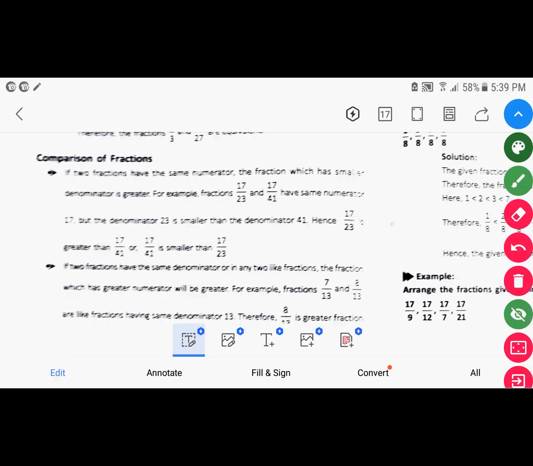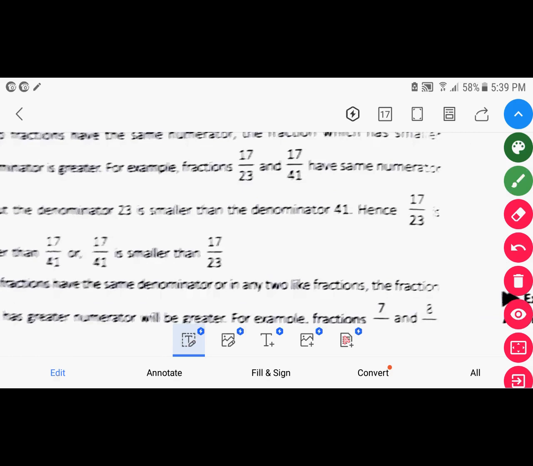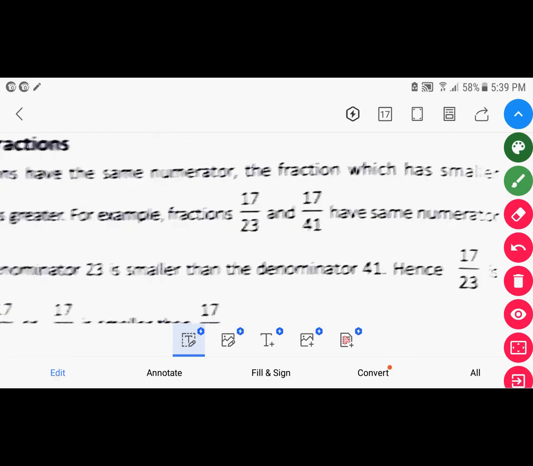See, if two fractions have same numerator, in this example 17 by 23 and 17 by 41, the numerator is same but the denominators are different. So the fraction which has smaller denominator is the greater fraction, because if we divide the numerator by a smaller number, we get a quotient value more than the other one.